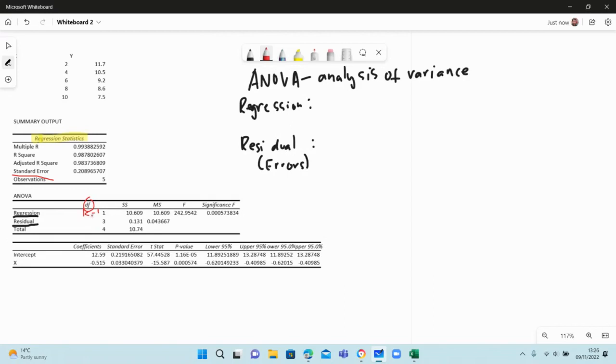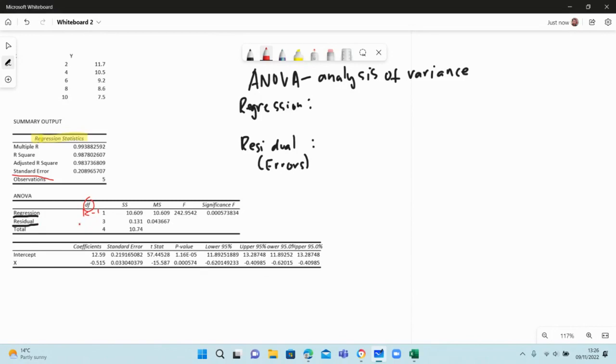In this case, the variables are x and y, and so the value of k is equal to 2. So to find the degree of freedom, or the DF, for regression, you carry out the subtraction 2 minus 1, or equal to 1.